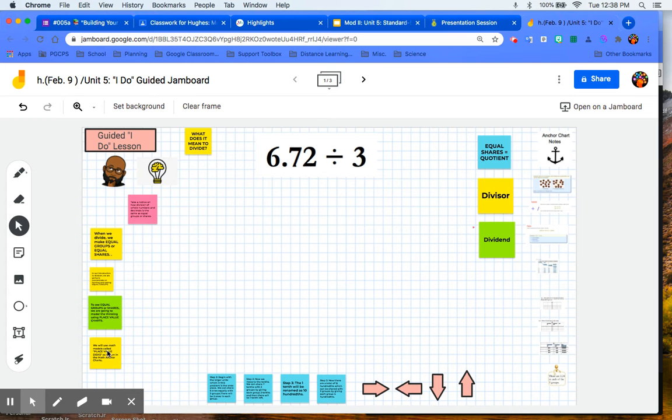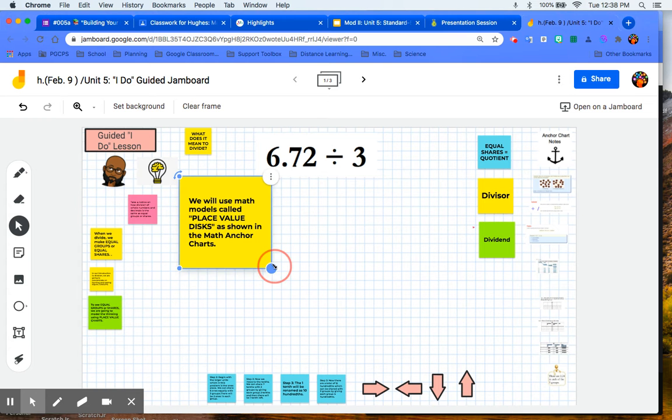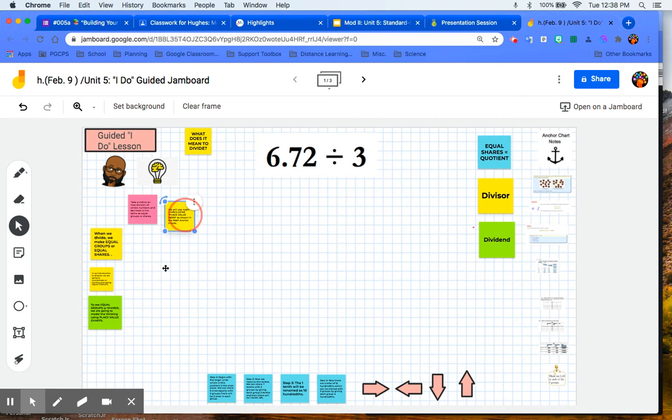So, how can you use place value to find or to complete division? Check it out. First of all, what number am I trying to find equal shares of?